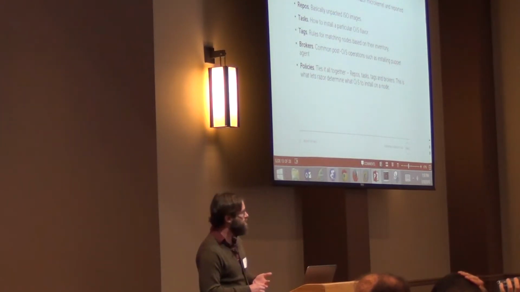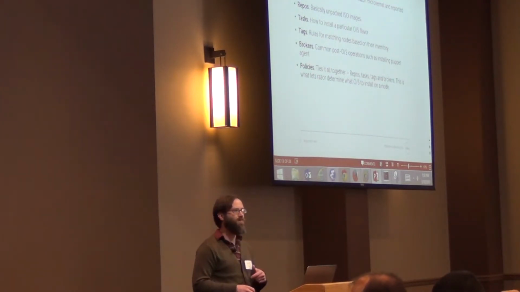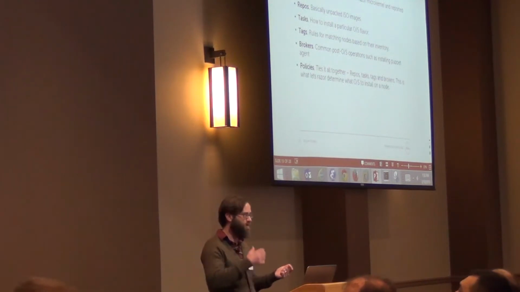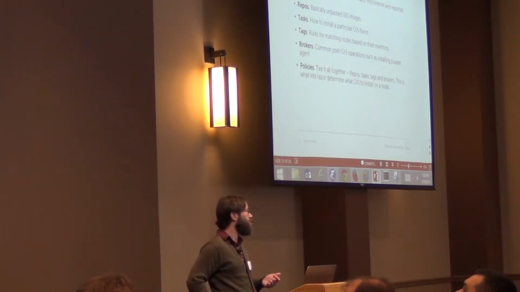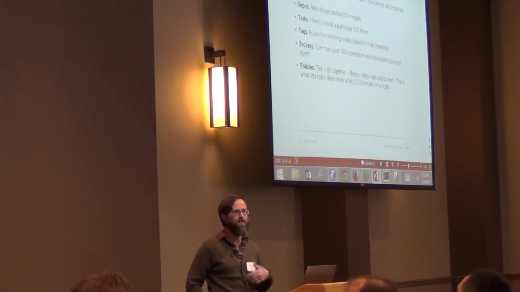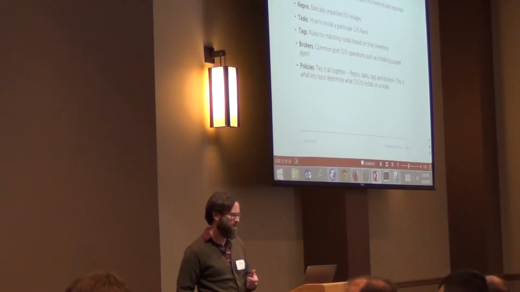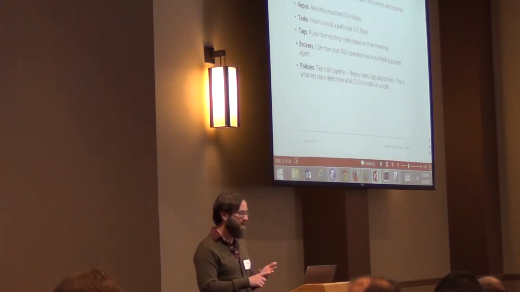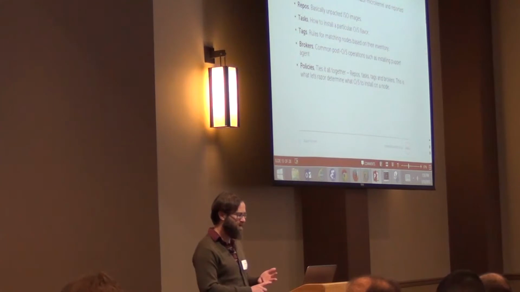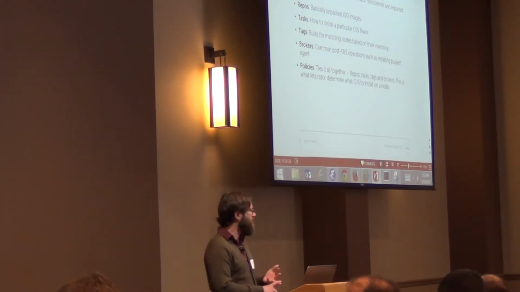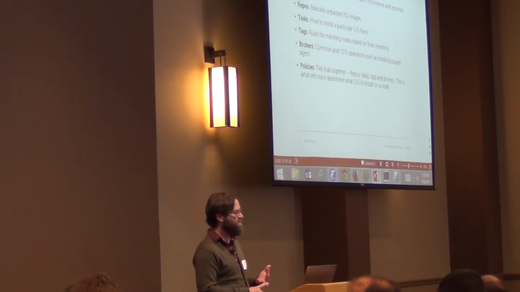There's brokers, which is another little bit of post-OS config that can happen on your nodes. Typically what you use that for is to install Puppet on the node after the OS has been installed. And finally, there's policy. I think I skipped tags maybe. Tags are basically rules to match the inventory. So the inventory that was recorded by Facter, you can have matching rules for that.